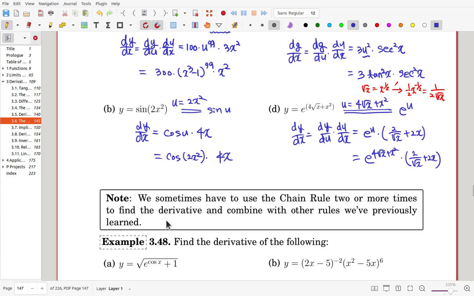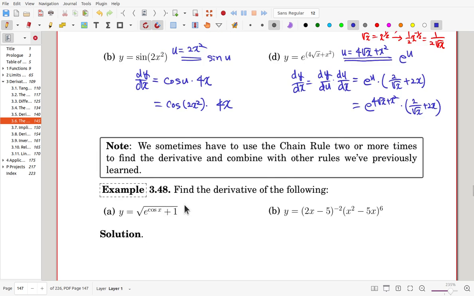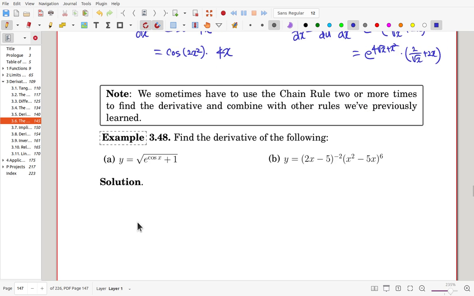And in many cases, we have to apply the chain rule two or more times to find the derivative. Here for this one, if we use u equals, for example, e to the cosine x plus 1, then it can be written as square root of u.